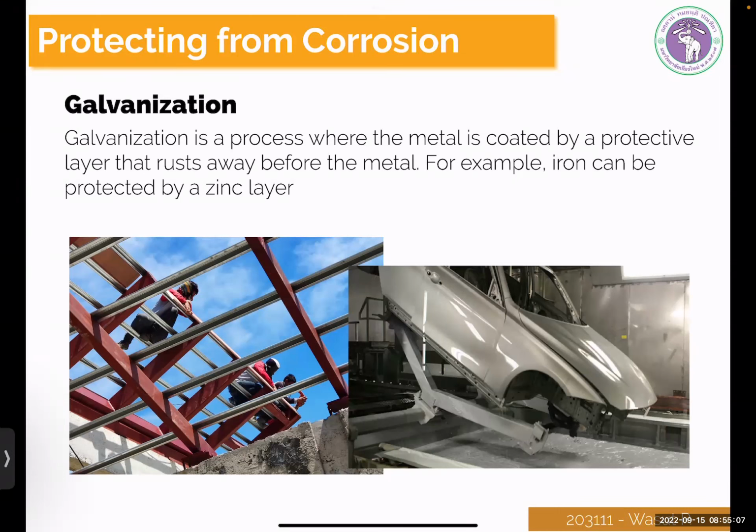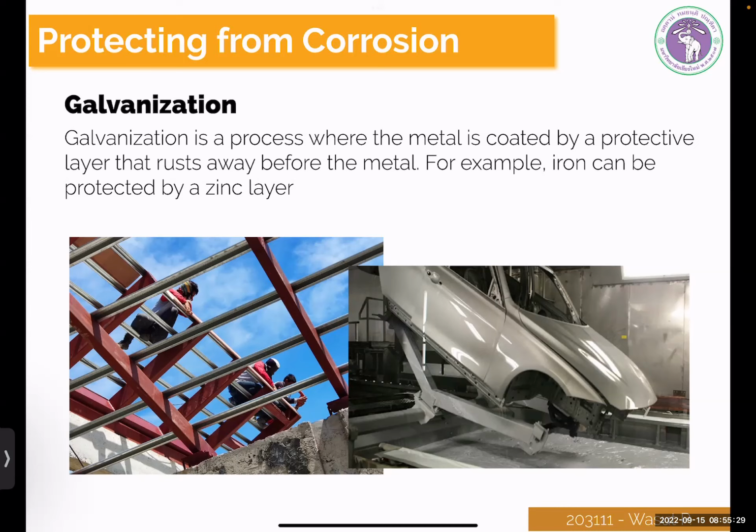What's galvanization? Well, galvanization is a process where the metal is coated by a protective layer that rusts away before the metal, right? For example, iron, which we don't really want to rust, can be coated with zinc, right?